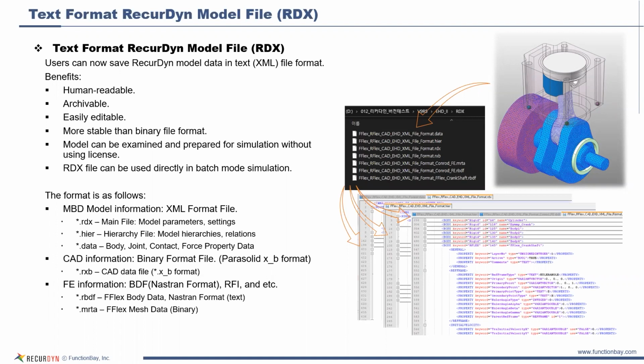And then for flexible bodies, some of these are also saved as text format, which would be the Nastran BDF format. And then for other types of information, some of those are in binary format.